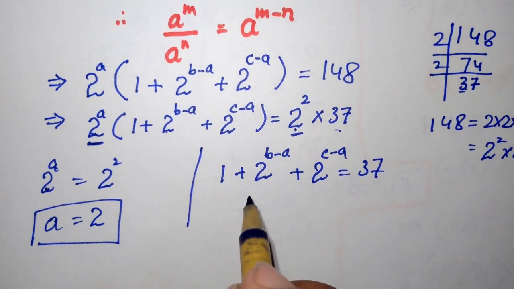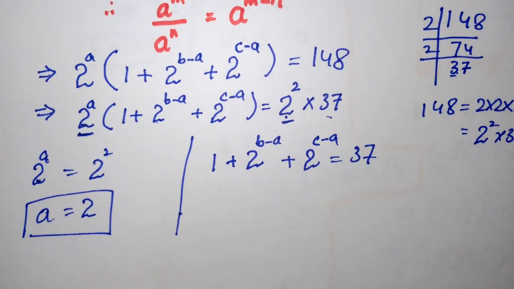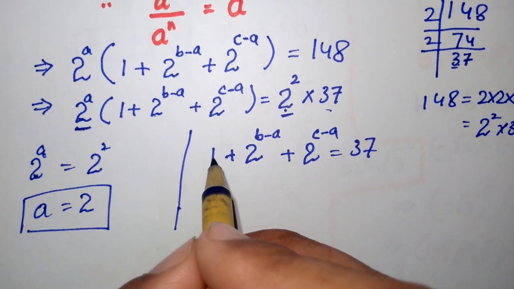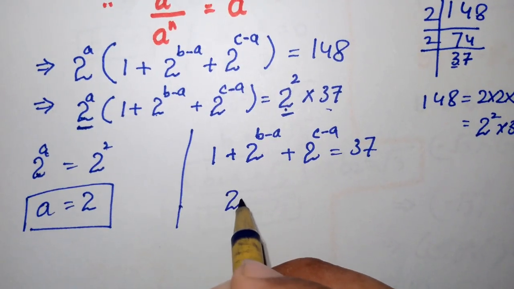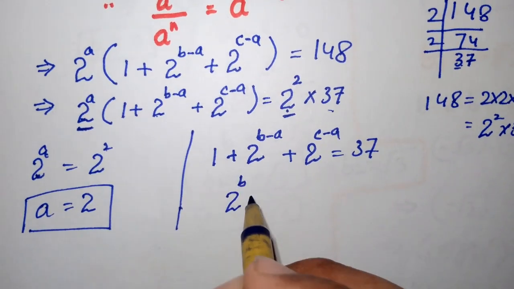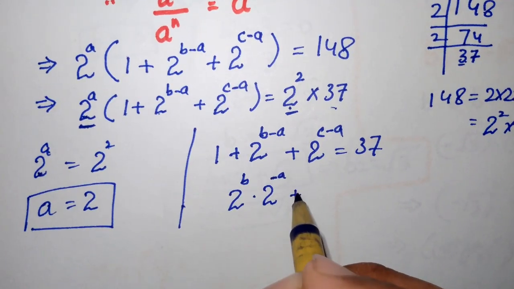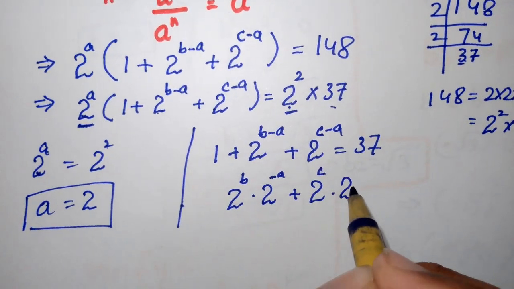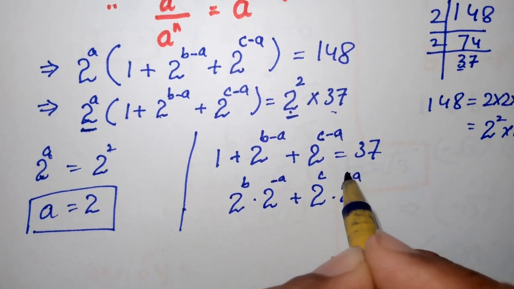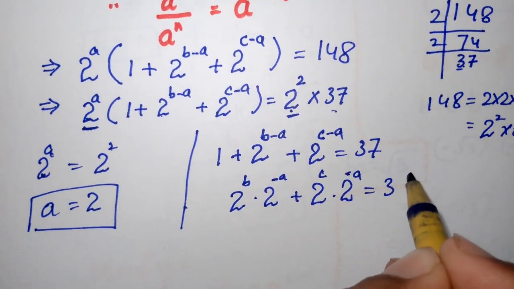Now we have to solve this side. We have to move the 1 to the right side, and this can also be written as 2 to the power of b times 2 to the power of minus a plus 2 to the power of c times 2 to the power of minus a is equal to 37 minus 1, which is 36.